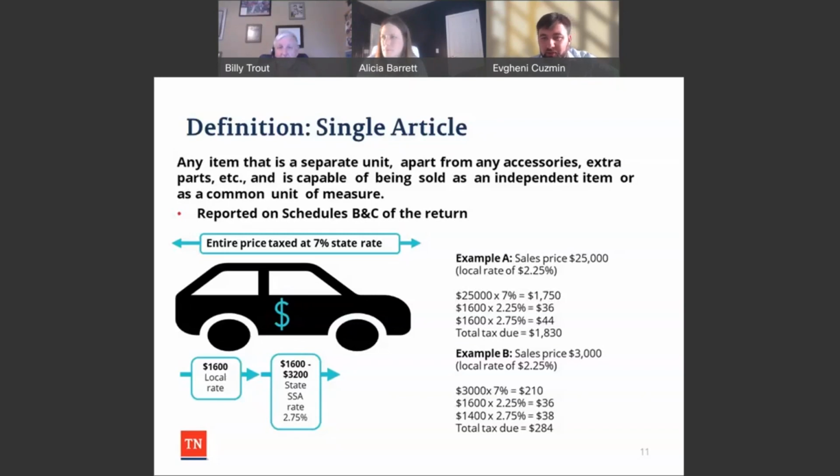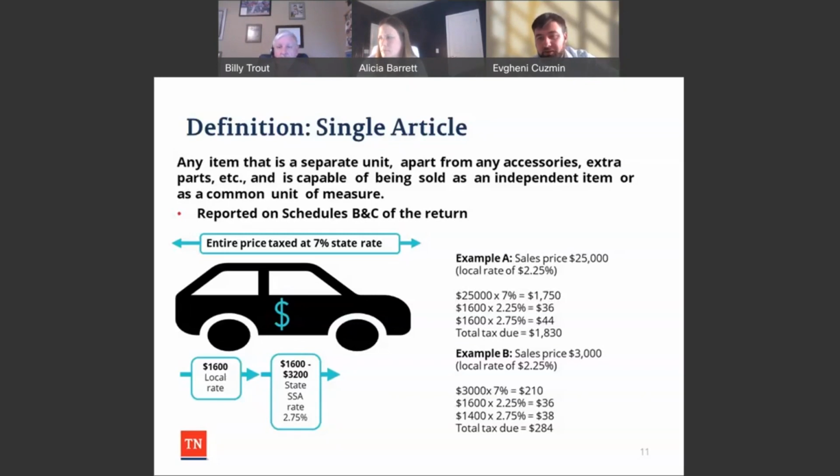Somebody just asked, so single articles are articles sold over $1,600? The answer is no. So every single article, regardless of its price, it's a single article. So if you buy a pen in a store, it's a single article. The only reason why this calculation doesn't apply to a pen is because it costs less than $1,600. You would just apply your local rate and move on.